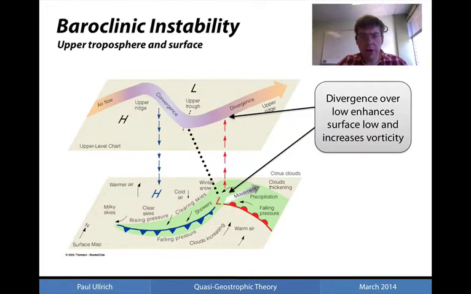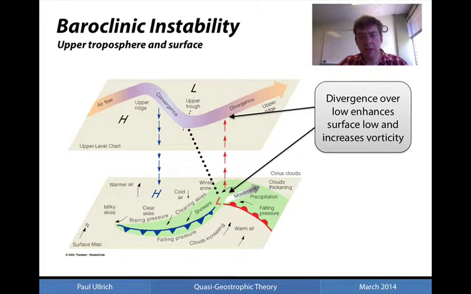All right, so now we're going to look at a complete model of a baroclinic instability combining both the surface view and the upper level view. So in the upper level view, we have a typical wave-like pattern, an upper level tropospheric wave analogous to the upper level tropospheric waves that we've looked at previously. Here on the lower level, however, we have a developing baroclinic instability with the characteristic kink being observed in the frontal systems.